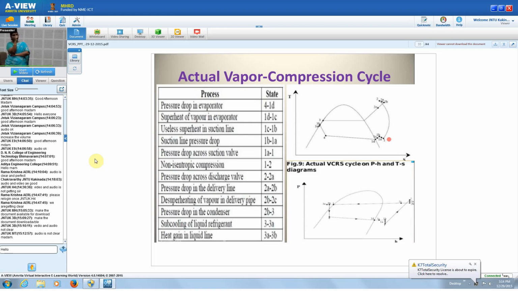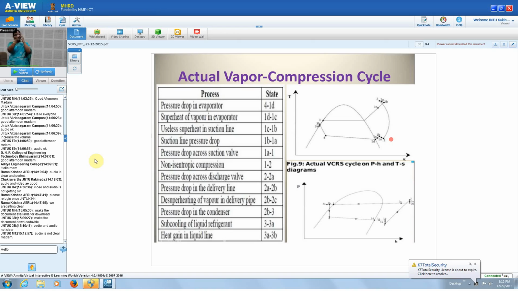Similarly, the discharge valve will open only when the pressure of the refrigerant is greater than the discharge valve pressure. So 1A to 1 is nothing but the pressure drop across the suction valve. At point 1, actual compression takes place.